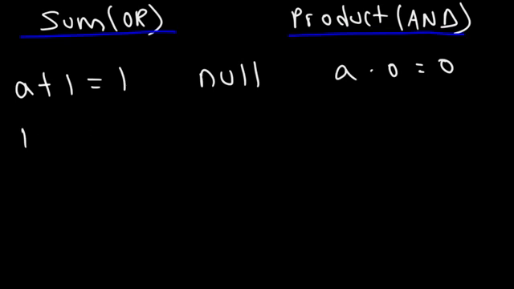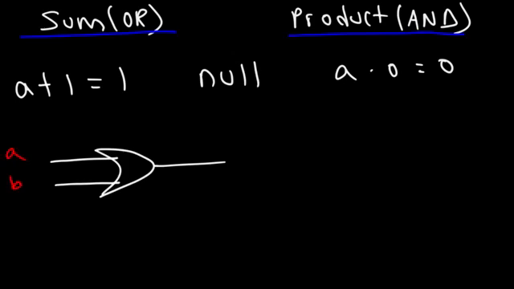And let's prove that using logic gates. So here we're dealing with the OR logic gate. So let's draw that. Now we're going to have two inputs, A and B. But B, we're going to say is always equal to 1.